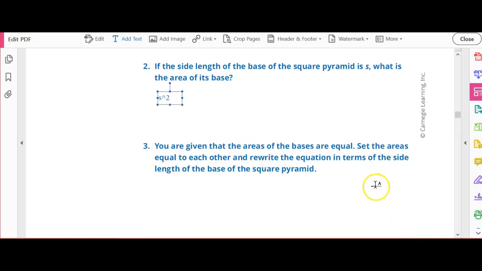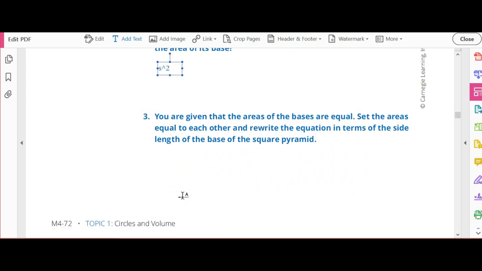You're given that the areas of the bases are equal, so set the areas equal to each other. Rewrite the equation in terms of the side length of the base of the square pyramid. So s squared is equal to pi times r squared, right?